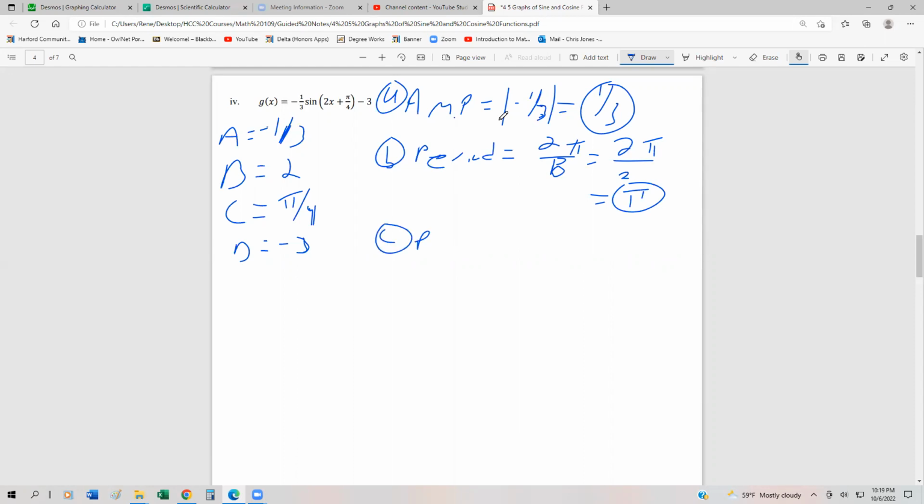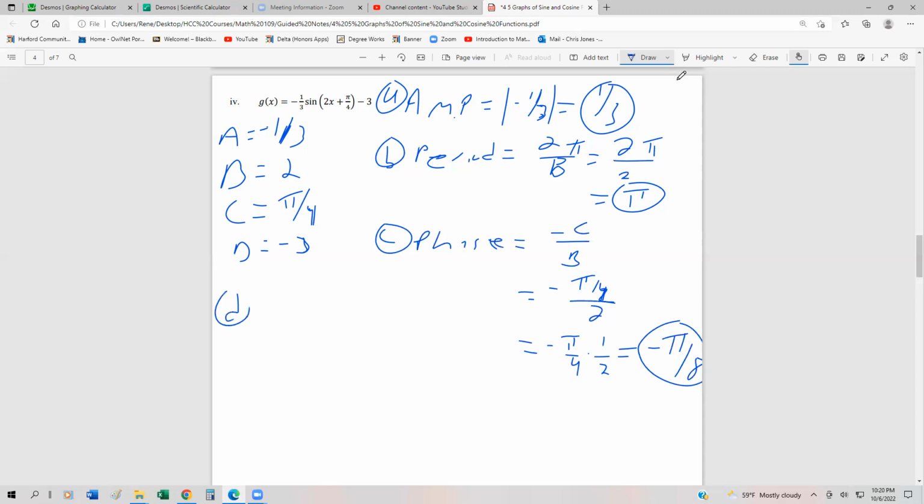Phase shift is negative c over b. C is pi fourths, so we have negative pi fourths and we divide that by 2. We have to be careful with this. When we simplify, that's negative pi fourths times the reciprocal of 2, which is 1/2. So the phase shift should be negative pi eighths.